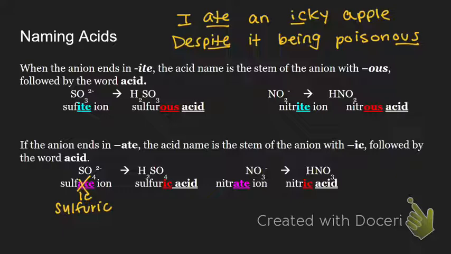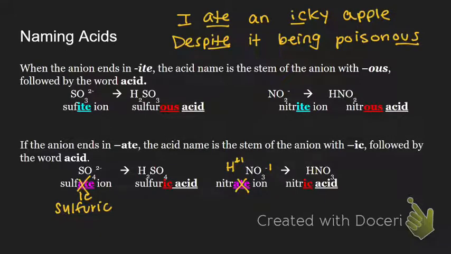But normally, if you just take the root stem, you can add the ic at the end, as we see here with nitrate. So nitrate is NO3-1, and it becomes an acid with HNO3 because hydrogen will react with it, so it becomes HNO3. So we drop the ate and we put nitric acid.